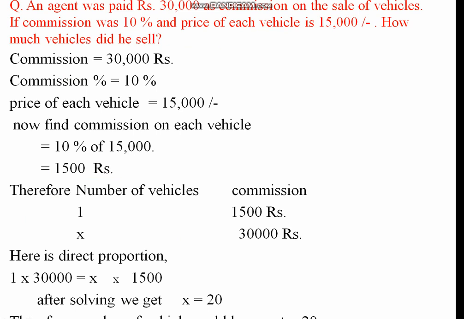Now see the next example, another type of example. An agent was paid 30,000 rupees as a commission on the sale of vehicles. If commission was 10% and price of each vehicle is 15,000, how many vehicles did he sell? Price of each vehicle is given, 15,000 rupees.